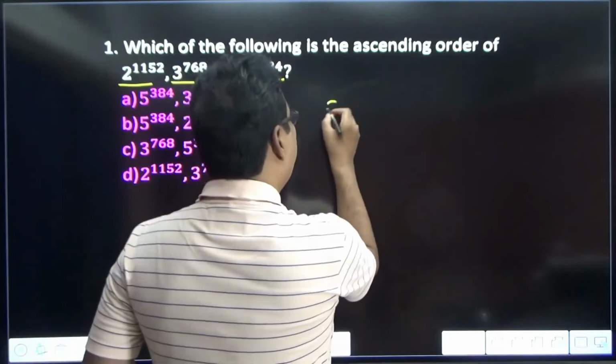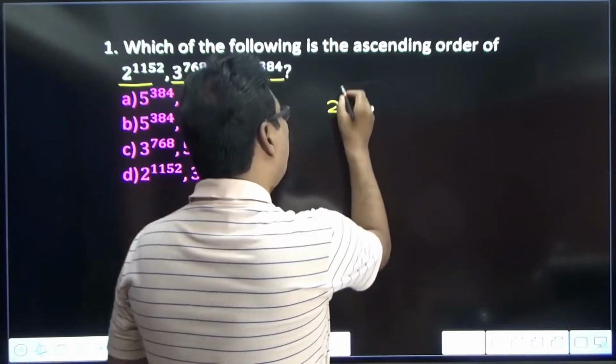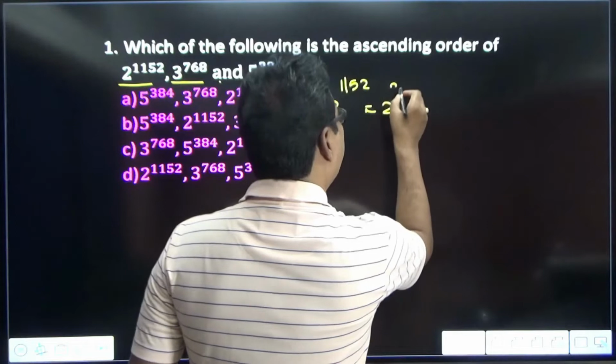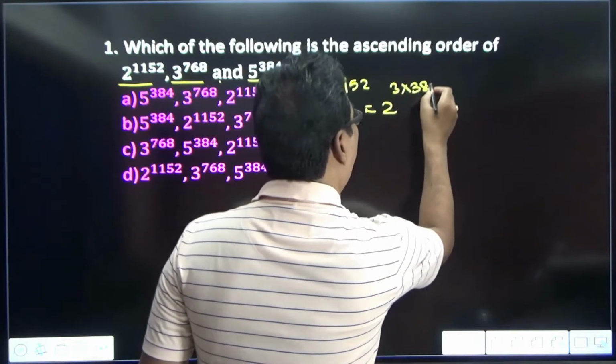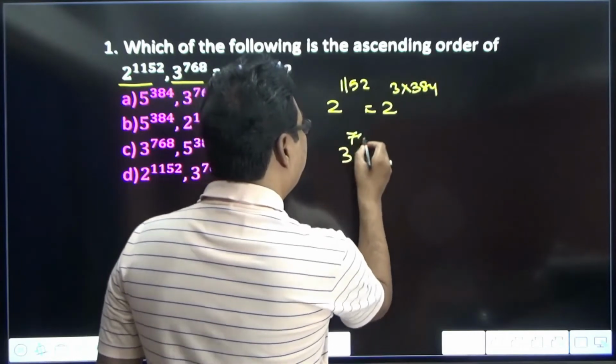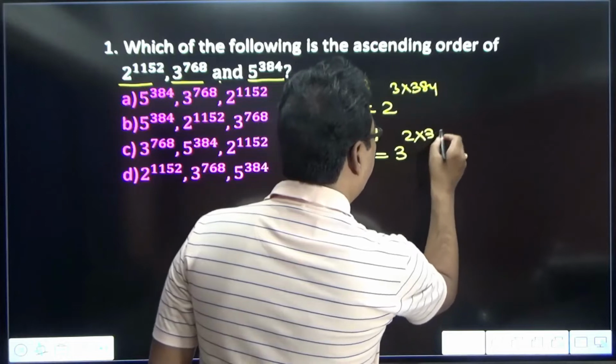2 to the power 1152 can be written as 2 to the power 3 into 384. Then 3 to the power 768 can be written as 3 to the power 2 into 384.